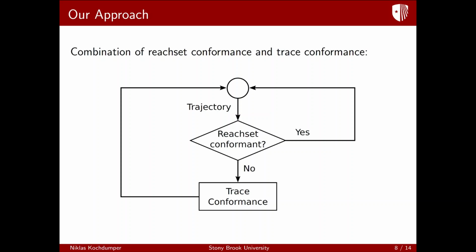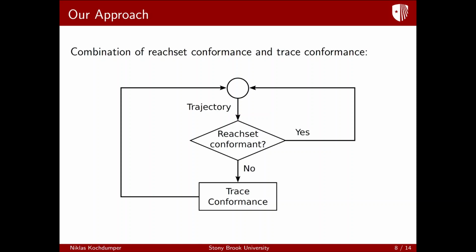If this is the case, then we don't have to do anything, right? Because the model already explains this trajectory, and we're good. If it's not yet reach-set conformant, then we apply trace conformance to match this trajectory and to determine the values for the non-determinism that we need to match this trajectory.